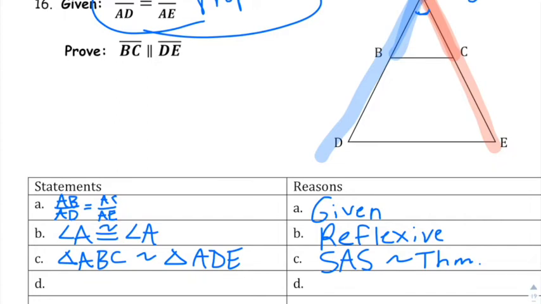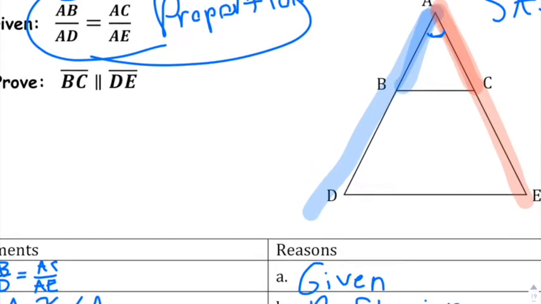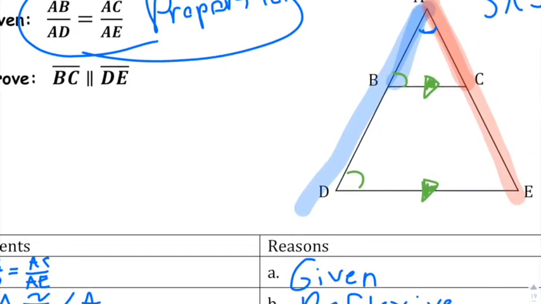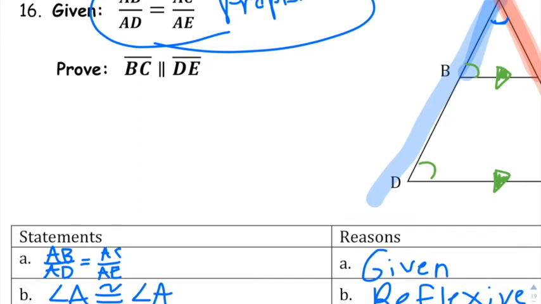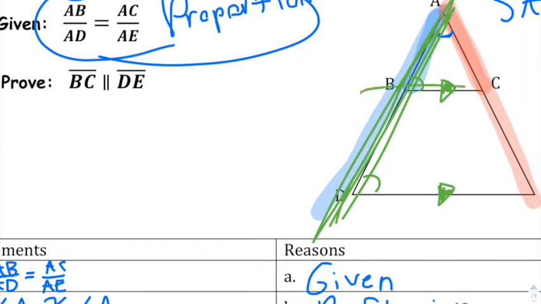Now notice here they're switching gears. They want us to say, instead of leftover angles are congruent, which is technically true, they want us to show that these sides have to be parallel. So notice the two angles that I just marked right there. The one next to B, I guess ABC, and then ADE. Notice that both of those are corresponding angles. If you're looking at this, like the AD is your transversal, and then here's your two lines. Those are corresponding angles.